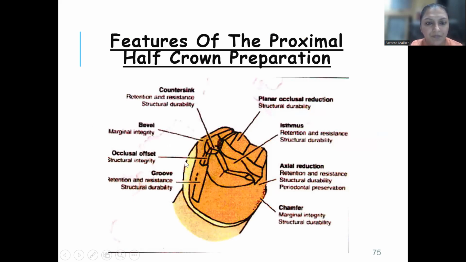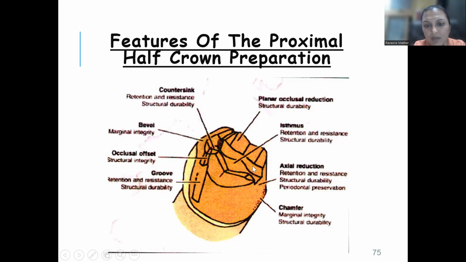Then this is the groove which is created within 1 millimeter of the vertical extension of the distal part of the tooth. This is the lingual and the facial groove which is formed. Then connecting these two grooves is the occlusal offset.